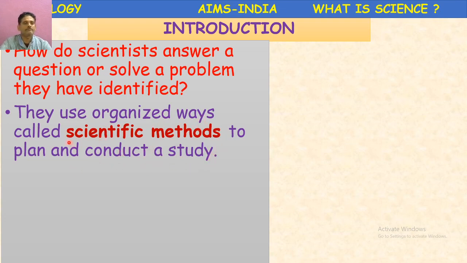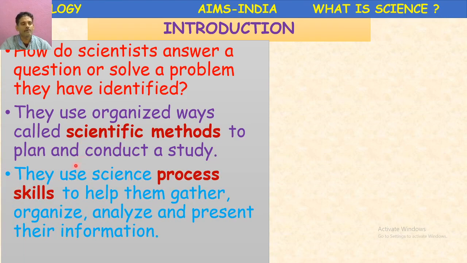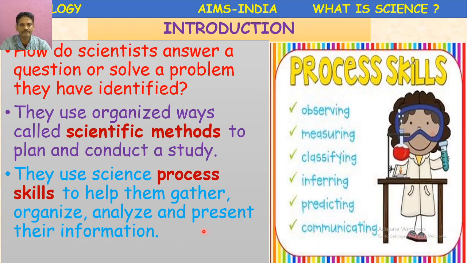Which method did they follow? They followed scientific methods. They use science process skills to help them gather, organize, analyze, and present their information. So these are the process skills.